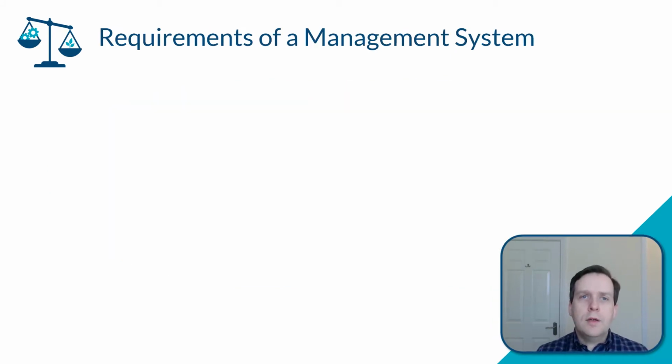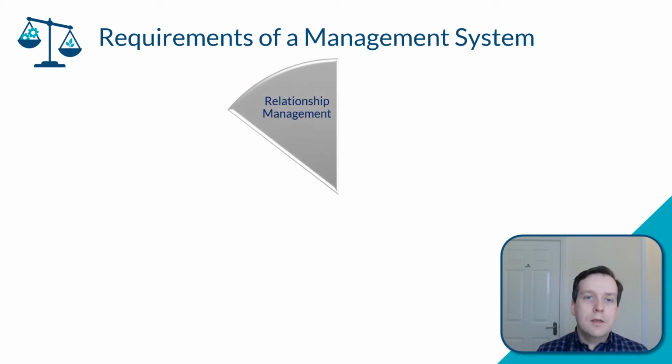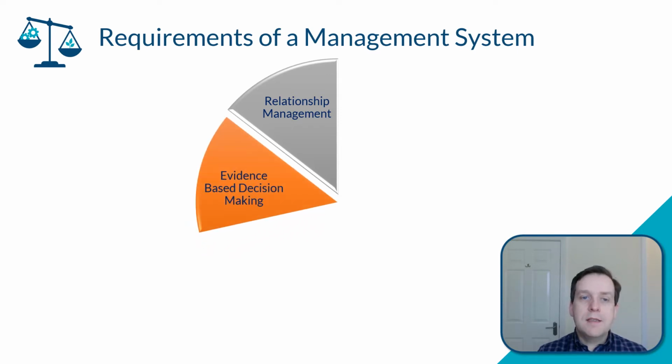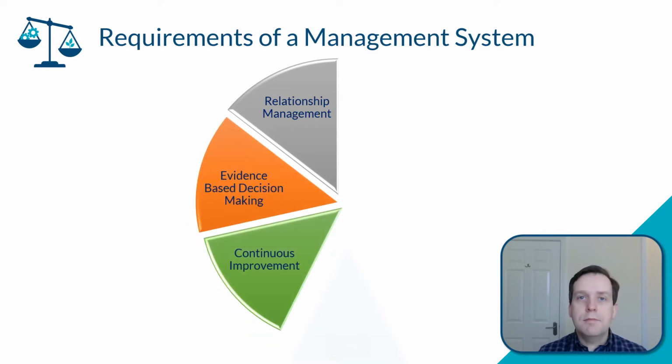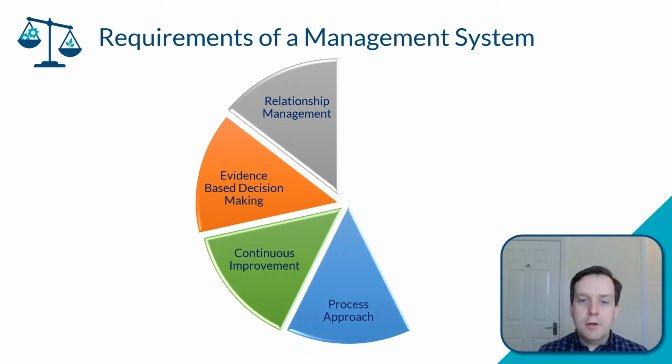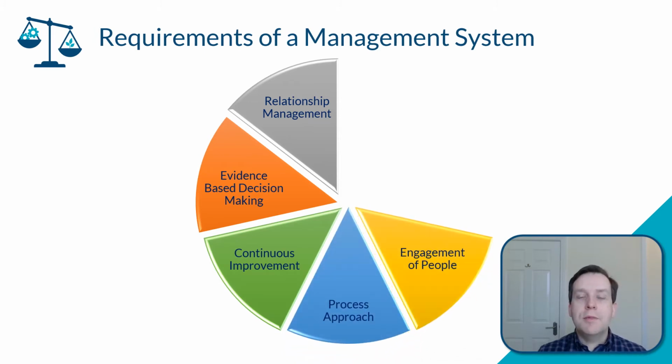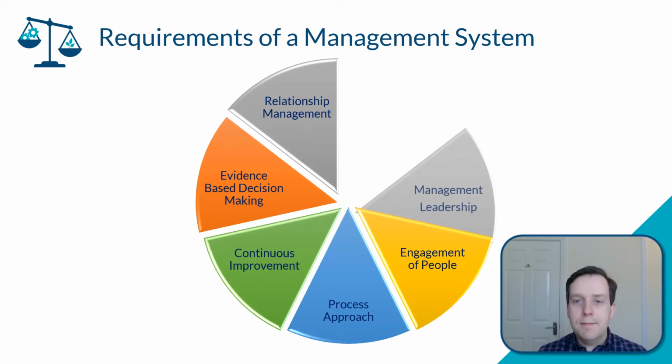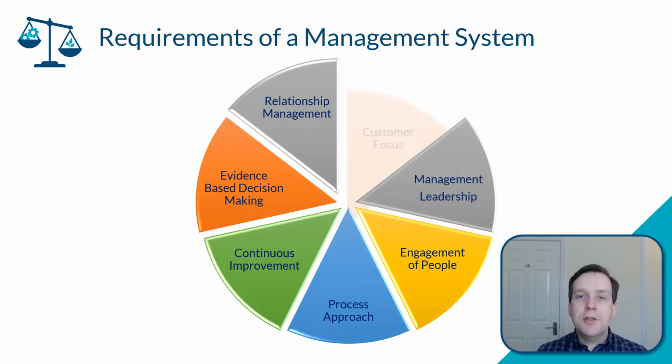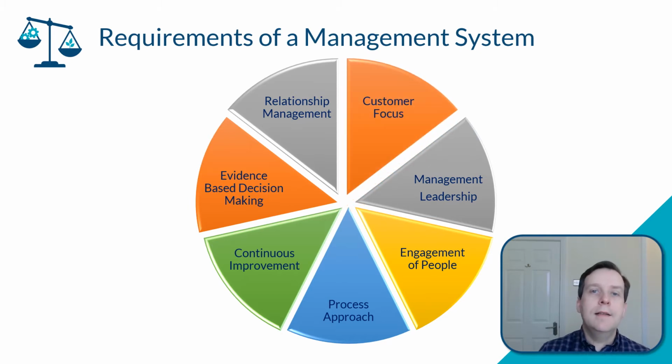So what are the requirements of a management system? So relationship management, evidence-based decision making, continuous improvement, a process approach, engagement of people or staff, any interested parties really, management leadership, and customer focus. So these are core elements that are required of any management system.